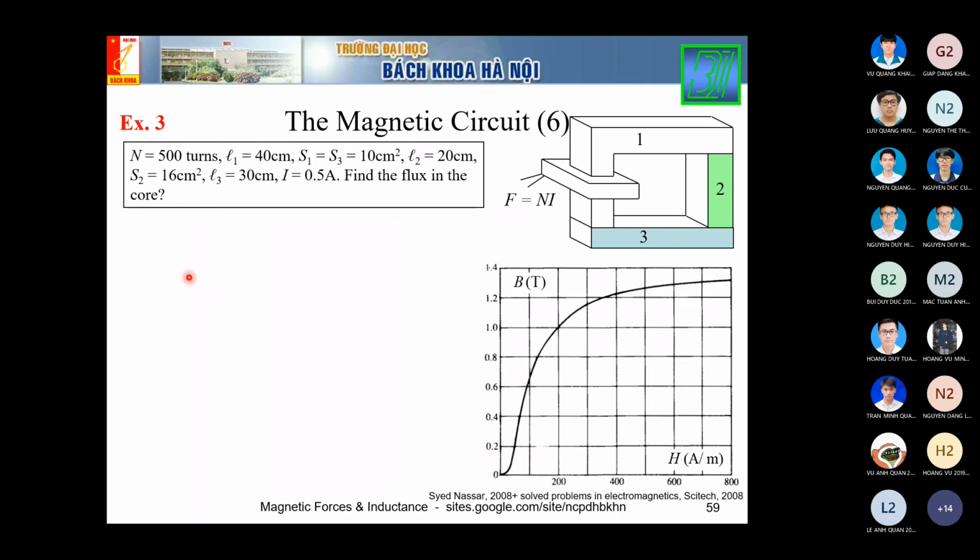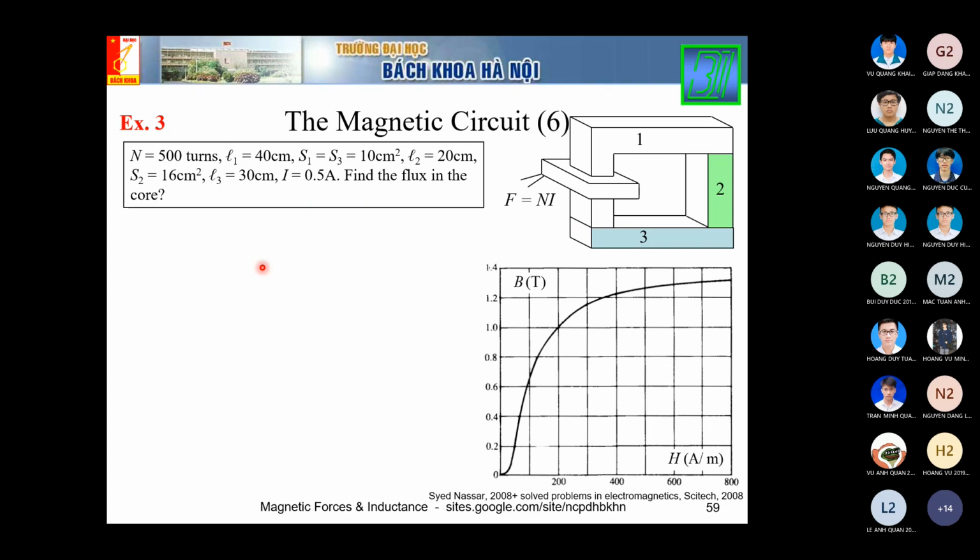So on the previous page, I told you that we theoretically cannot find the magnetic flux from the given current because we have to rely on a multi-variable equation. So the solution here is the estimation method.